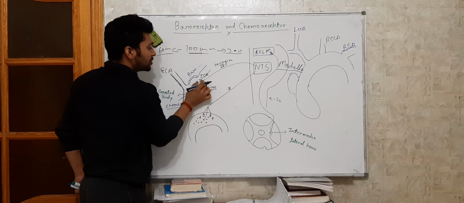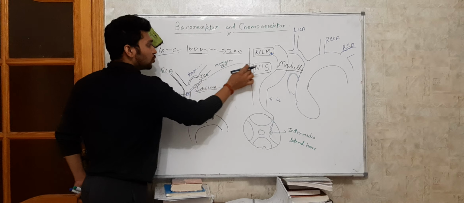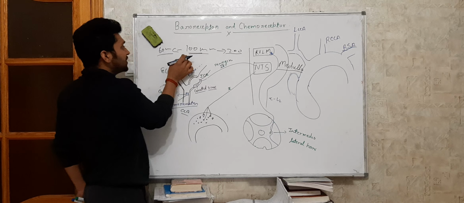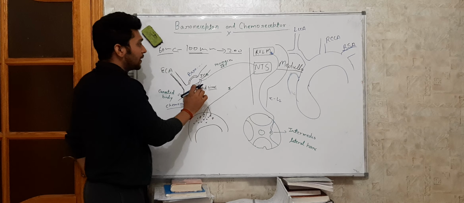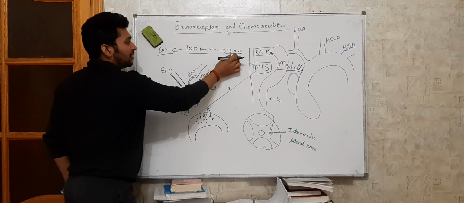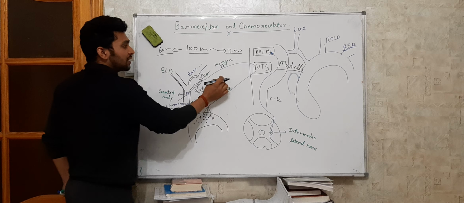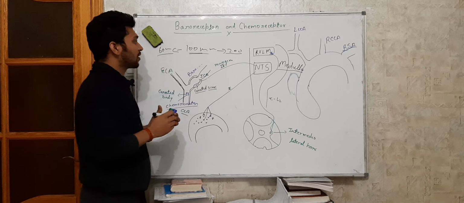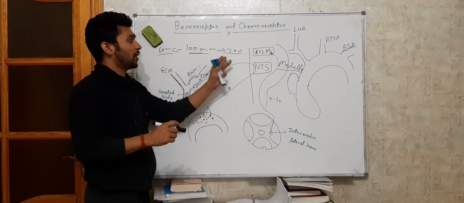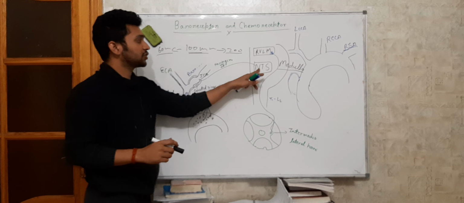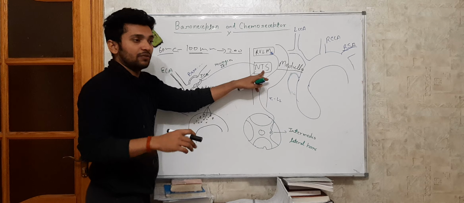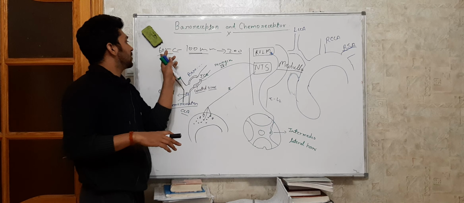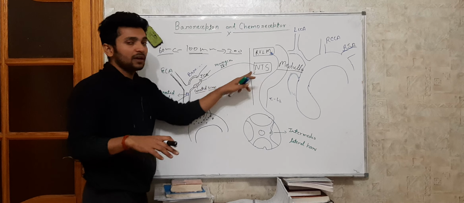If the blood pressure information is 100 mm of Hg, that is normal. But if it is less, then it will be hyperactive, and if BP is more, it will be less active. So if we have blood pressure of 200 mm of Hg, the nucleus tractus solitarius function will be reduced, and if BP is less, it will be hyperactive.